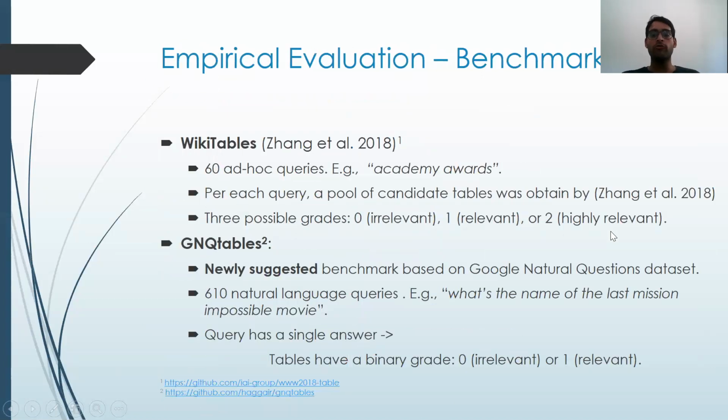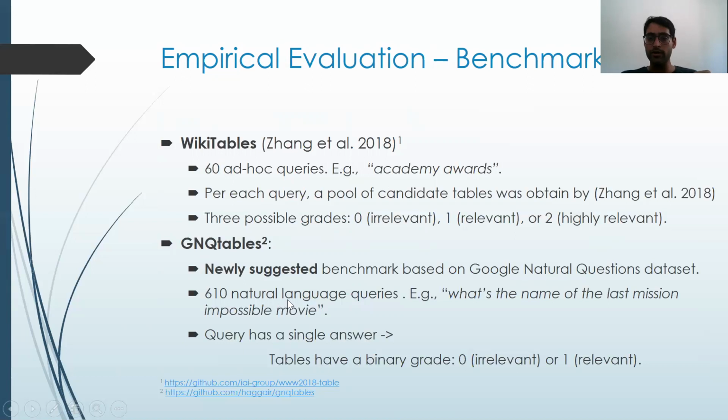To evaluate our framework, we first use a standard benchmark called Wikitables, suggested by Zhang et al. in 2018. The Wikitable benchmark contains 60 ad hoc queries, and for each of these queries, we have a pool of candidate tables.